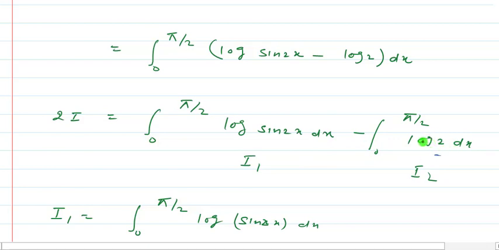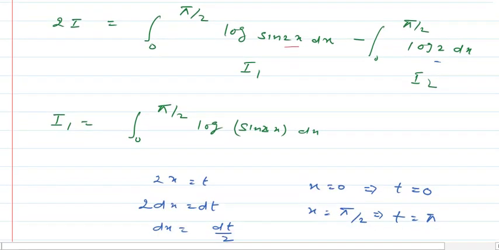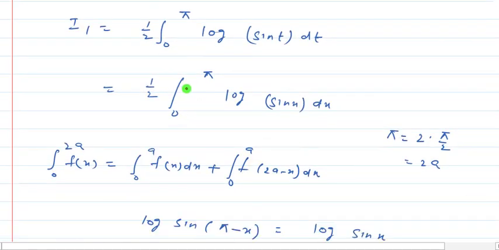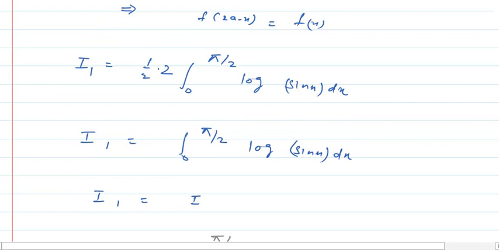I2 is very simple and can easily be calculated. In the I1 part, we need to substitute 2x as t and change dx into dt. And after this, we are getting the limit as 0 to pi, which gives us the sense of 0 to 2a. So we are using the property of 0 to 2a, and here we are getting that f(2a minus x) is equal to f(x), which gives us the value as twice of 0 to a f(x).